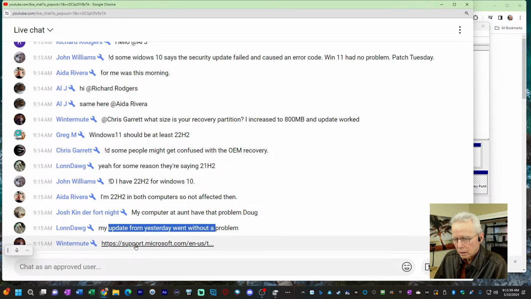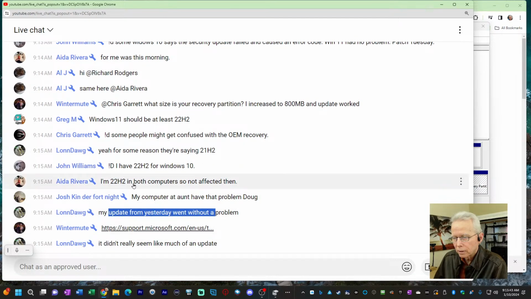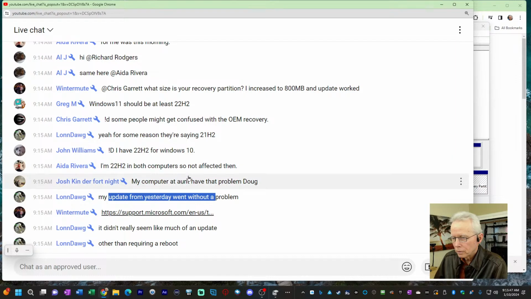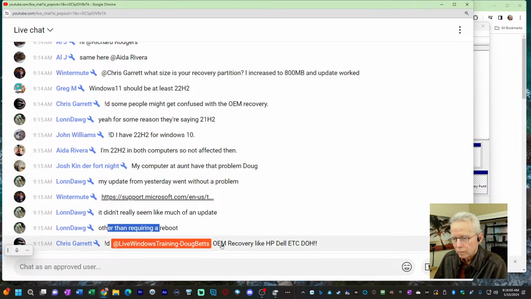LawnDog said the update yesterday was without a problem. There's a Microsoft article. It's 22H2 in both computers, so they weren't affected. Josh says his computer does have that problem. Didn't really seem like much of an update other than requiring a reboot.